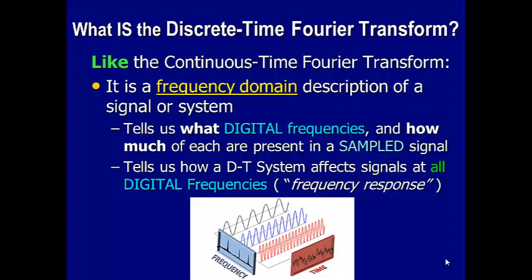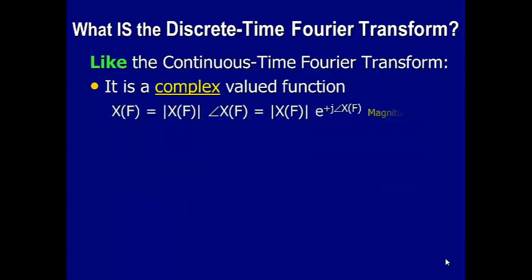Or for systems, it's going to tell us what the system's response is to signals of different frequency, particular cosines. So all that same kind of information that we had in continuous time Fourier transforms is going to be available to us in the discrete time version.